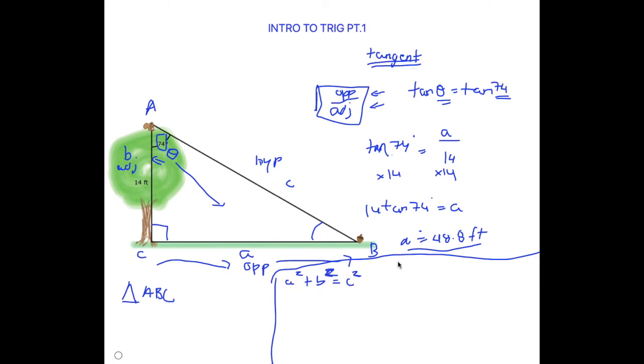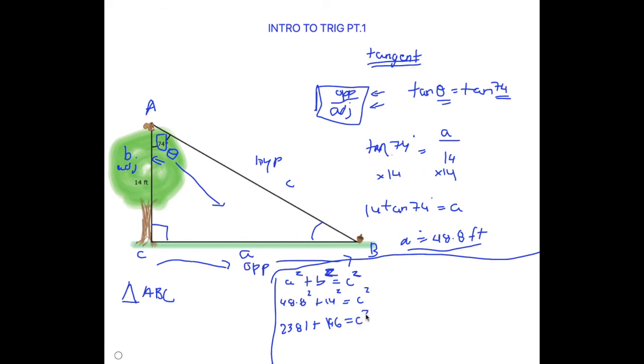A squared is 48.8 squared plus b squared, which is 14 squared, is equal to c squared. 48.8 squared is approximately 2381 plus 14 squared, which is 196.